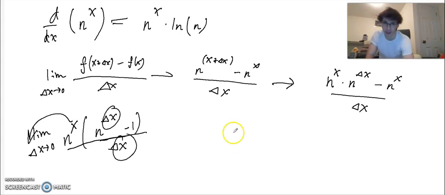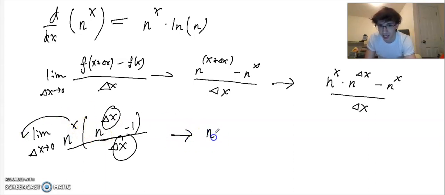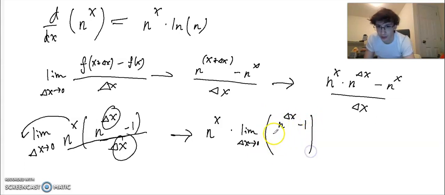And same thing with limits. Hopefully that makes sense, but because this is n to the x, not n to the delta x, we can just pull it out and say that n to the x times the limit as delta x approaches 0 of n to the delta x minus 1 all over delta x.